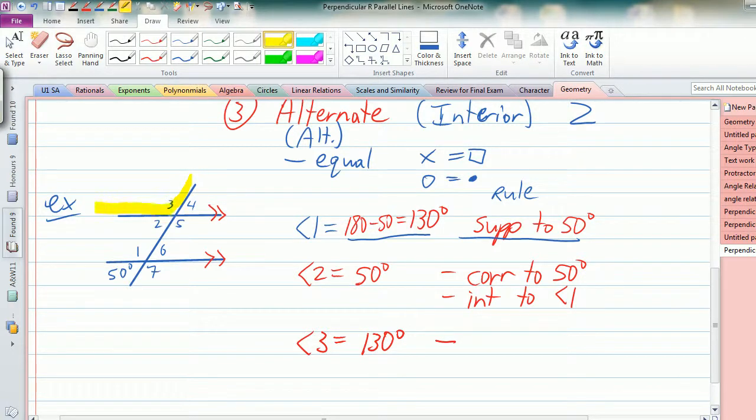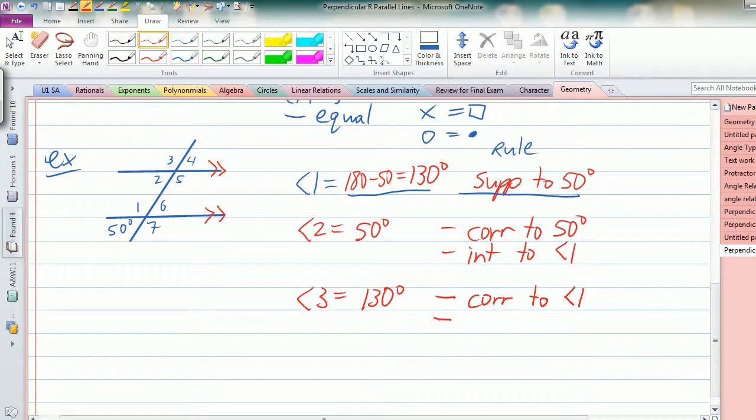What letter? F. Which rule is that? Yeah, corresponding. So people, you can't just sit there and go, oh, I don't get it. You got to trace it with your pencil. Do something. It's not just going to pop into your head. Trace it, find the letter, then tell me what rule it is. So it's corresponding to angle number 1.